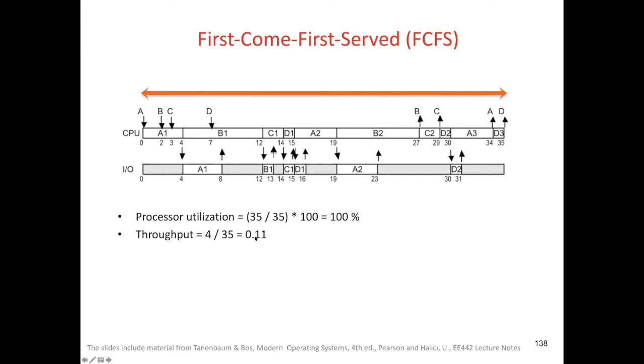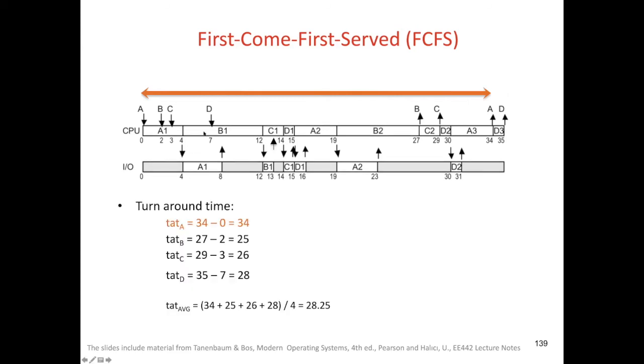So throughput is 0.11. Turnaround time for process A is calculated as the time process A terminates, which is 34, minus the time process A was submitted to the system. So the difference is 34.